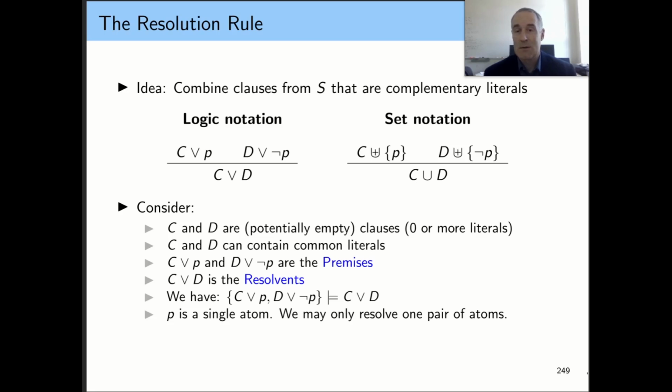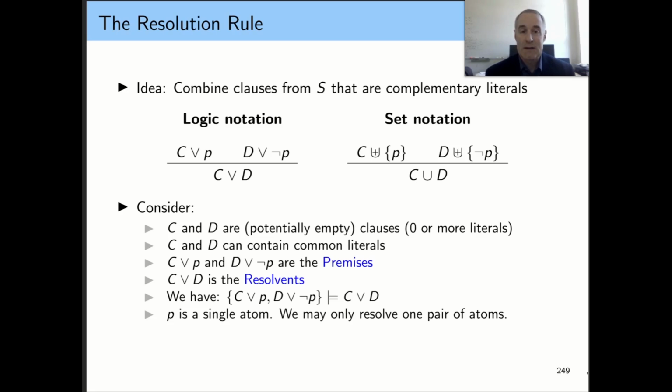We can look at this in terms of set notation. Clauses are sets of literals. Those literals are positive or negated atoms. If we take the union of those two sets minus the positive and negated atom, then we're left with the resolvent.